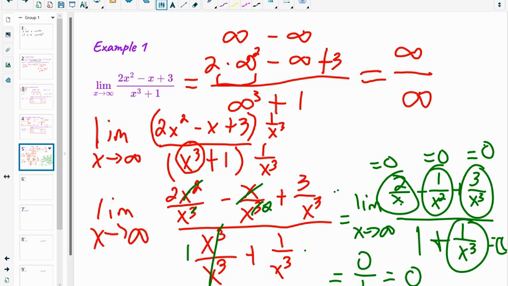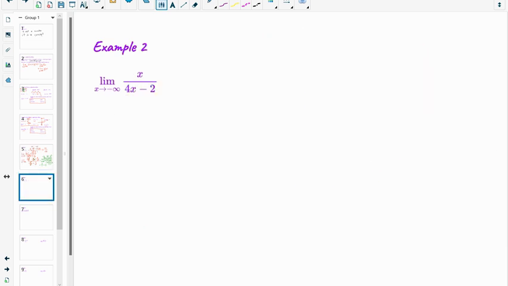Okay. So that's the trick. We're not going to be plugging infinities in. Let's just continue our new trick. Our highest exponent in the denominator is 1. So we're doing 1 over x times 1 over x. And this time we're going to take the limit as x approaches negative infinity. x times 1 over x, that's just equal to 1.